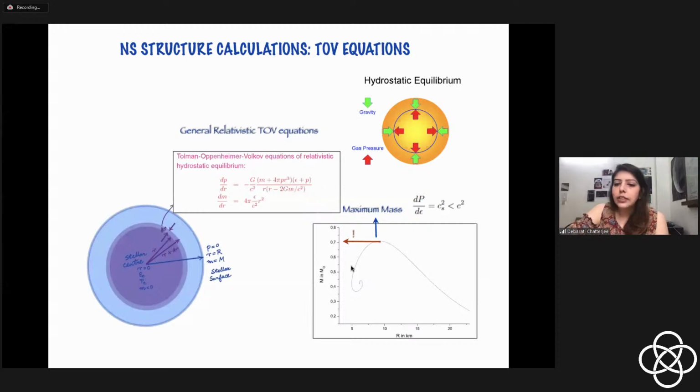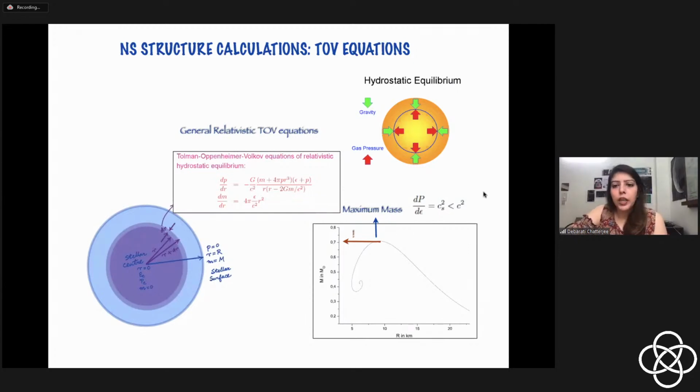Now there you see that there is a maximum mass, and this maximum mass actually comes from the fact that the change of pressure with change of energy density cannot increase infinitely. There is a limit, because dP/dε is actually the speed of sound squared, and you know that the speed of sound squared has to be less than the speed of light squared.